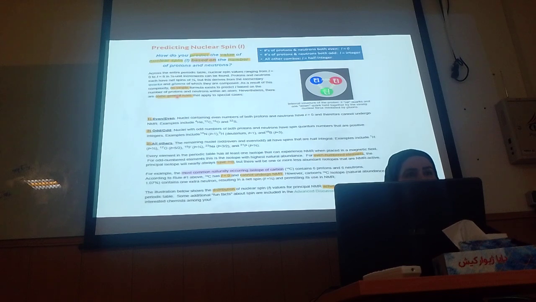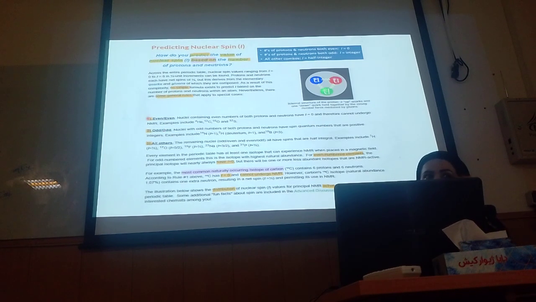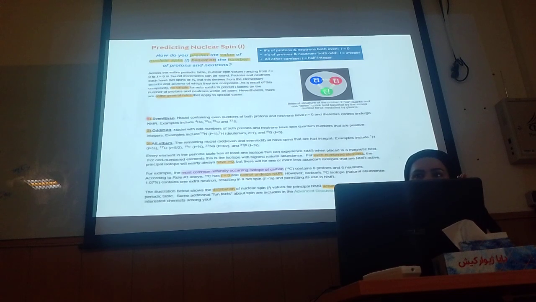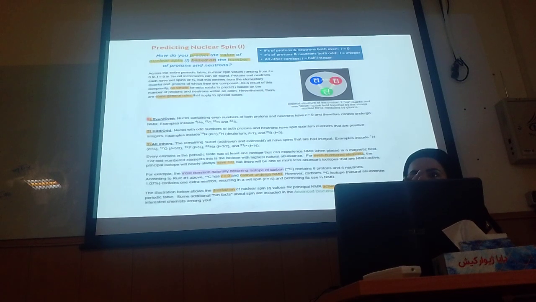Otherwise, we can acquire signal. For example, if we have an even number of both protons and neutrons, we can't have any signal from that nucleus. But if we have an odd number of both proton and neutron, we can capture signal from that nucleus. Guys, just nucleus, not electron.